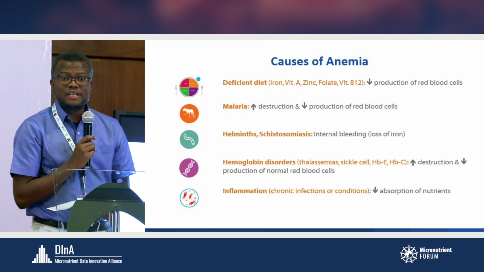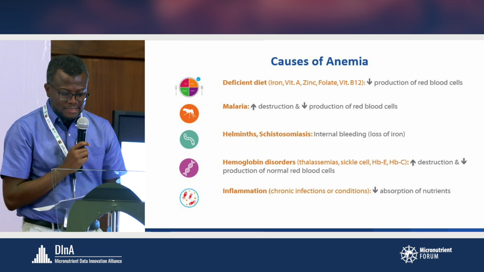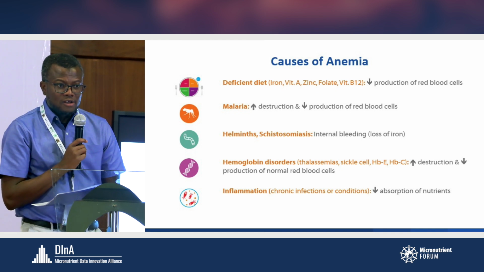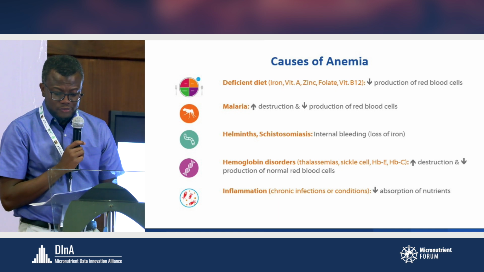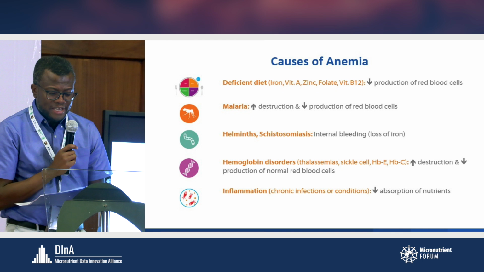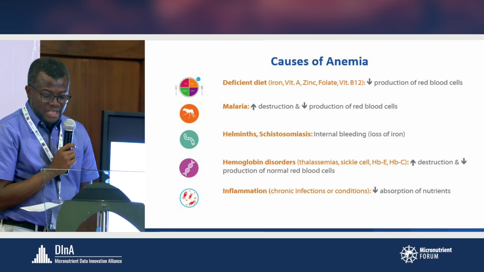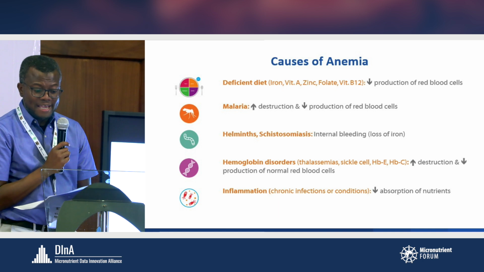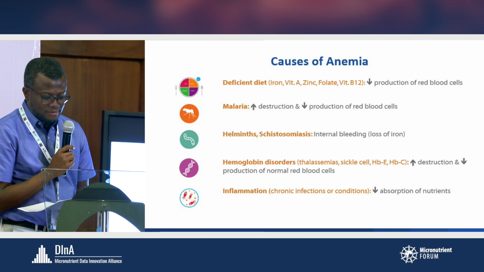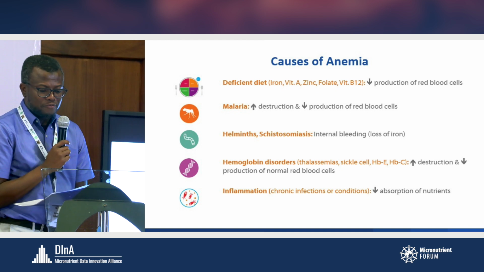So, causes of anemia. I think we've gotten a lot of overview of this, and all the presenters before me have mentioned it. Just to encapsulate, the causes of anemia can stem from many factors. Here there is diet, infection, hemoglobin disorders, and also inflammation.